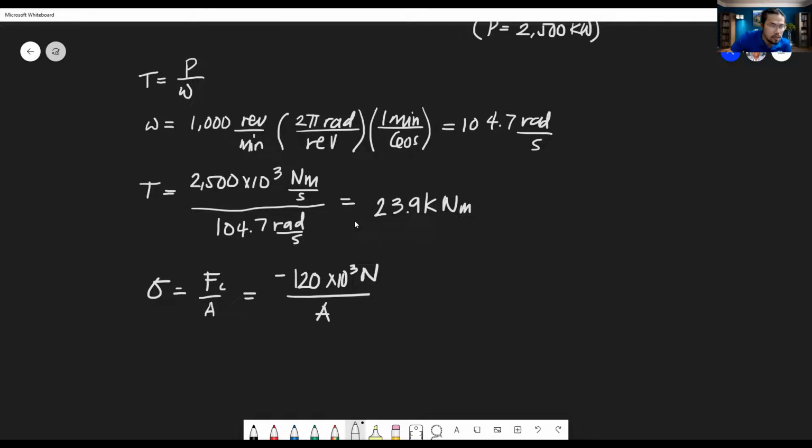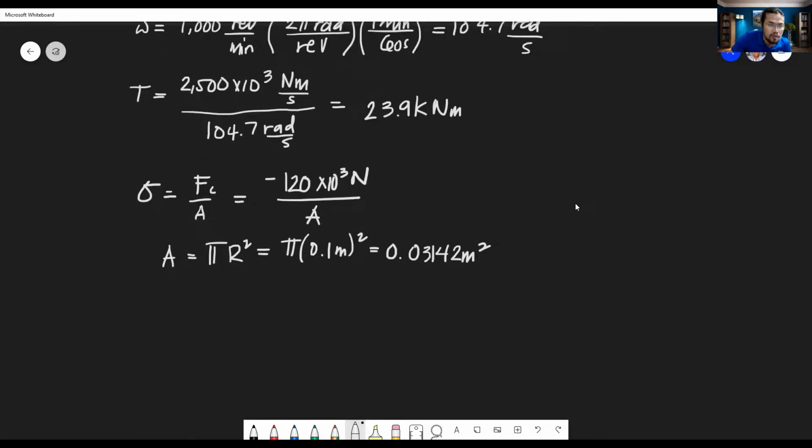And what's the area? The area is given a radius, so it's pi r squared, pi times 0.1. It's 100 millimeters, so 0.1 meters. It's going to be 0.0343142 meters squared.